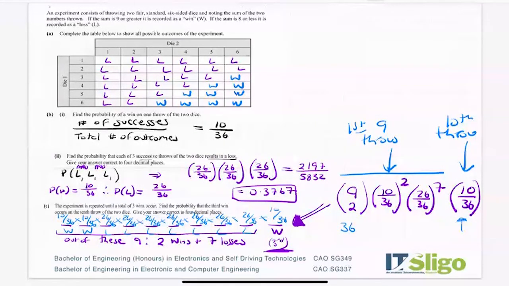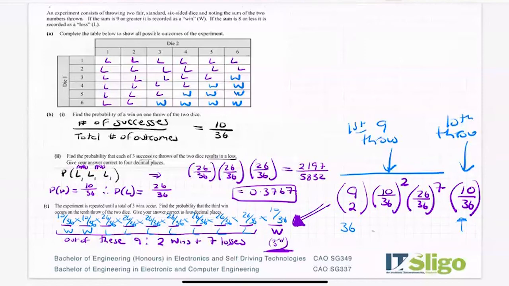Okay, multiply by 10 over 36. Okay, and if you get a maths error, just go back and put in some multiplied signs in here between all these bits. It's just your calculator doesn't know what to do with all those numbers that are coming at it.